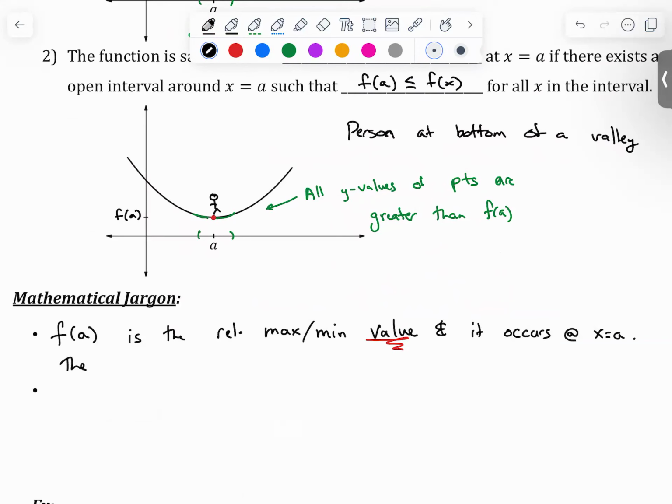The point, the relative max slash min, is the point a comma f of a.